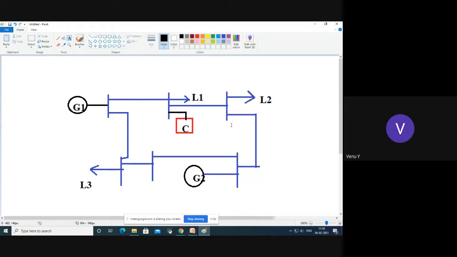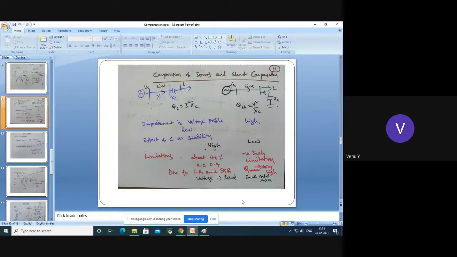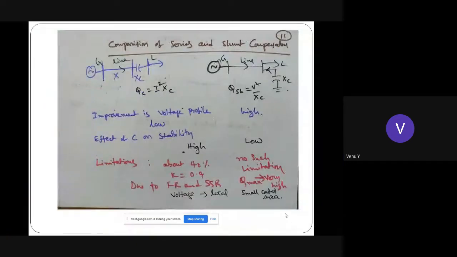So there is an improvement in the L2 as well as L3 bus voltages. Therefore, the effect of the shunt compensator is global, whereas the effect of the series compensator is local. It is only for that line.